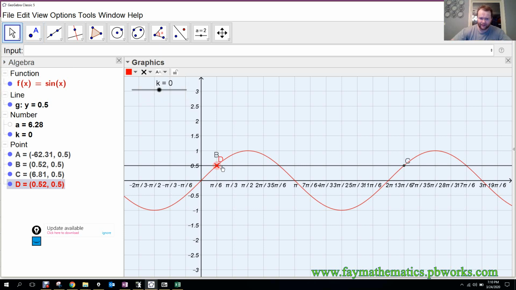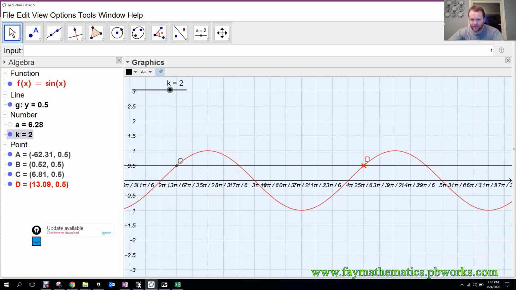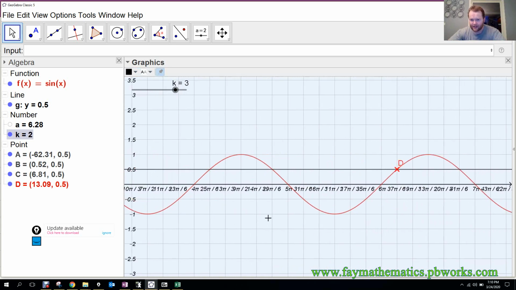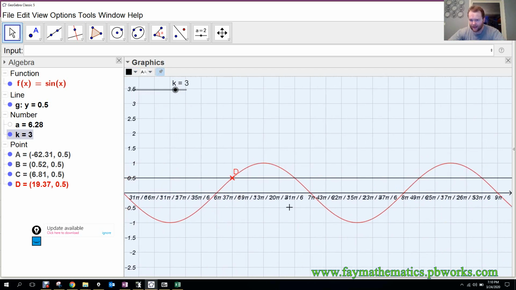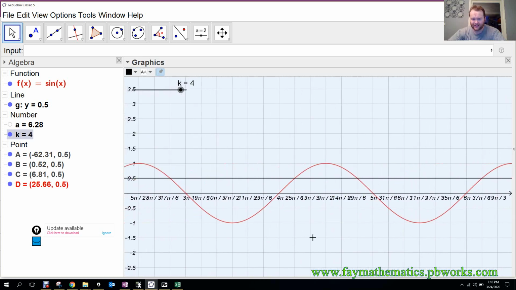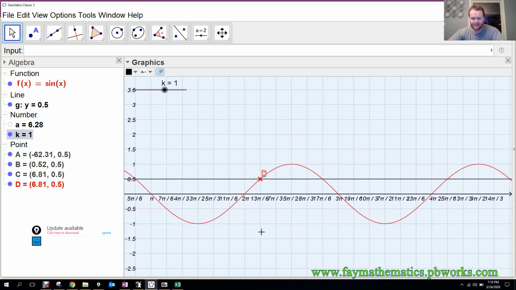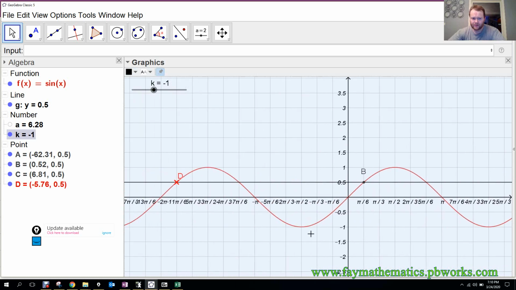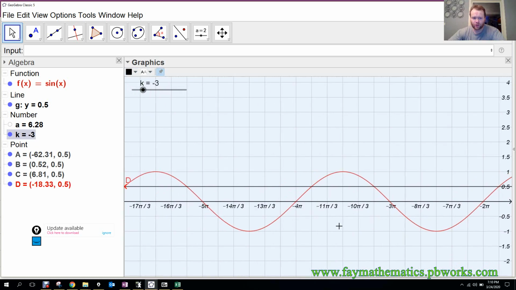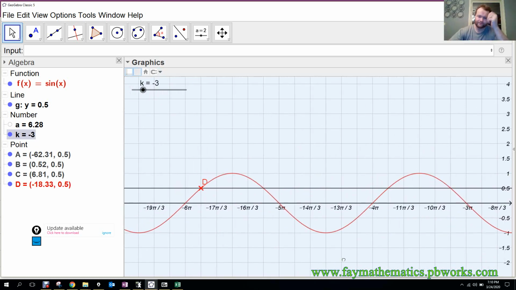So we get that point right there. And then if you go k to be 1, you can see that it jumps to that point right there. If k is 2, it's going to jump to that point there. K is 3 to that one. K is 4 to that one. So it looks like it's giving us a formula that gets those coterminal solutions.